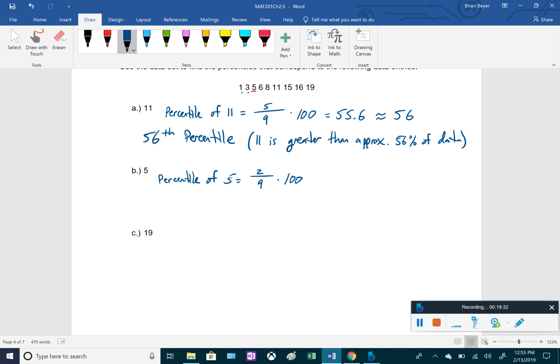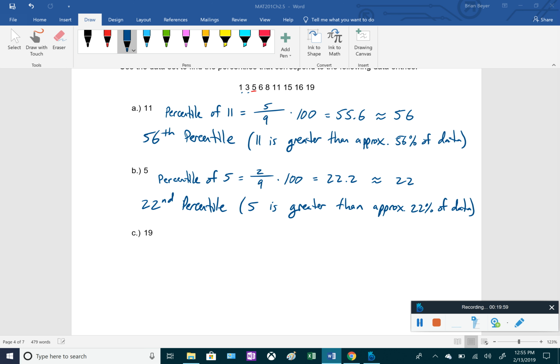So 2 divided by 9, multiply that by 100, and that is going to give us 22.2. So we have to round, we get 22. So that means 5 is at the 22nd percentile, which once again means that the data entry of 5 is greater than approximately 22% of the data.